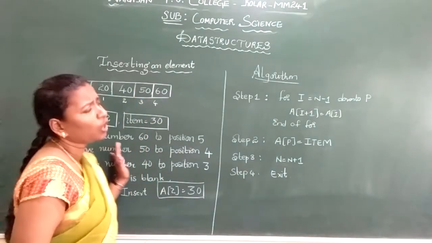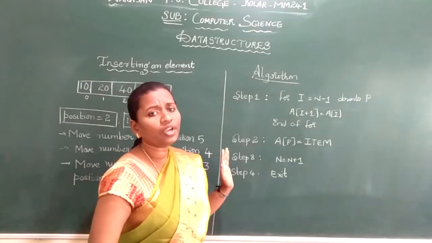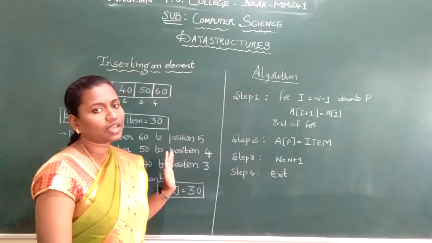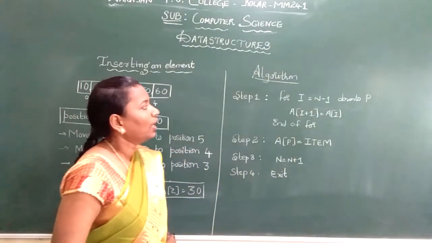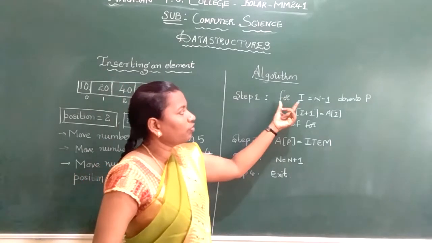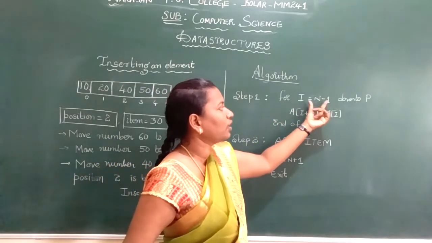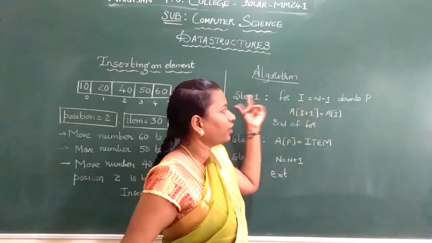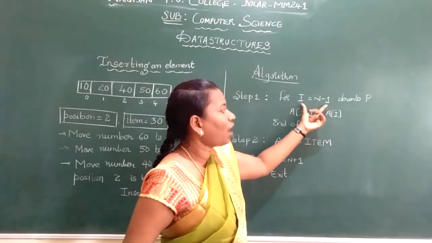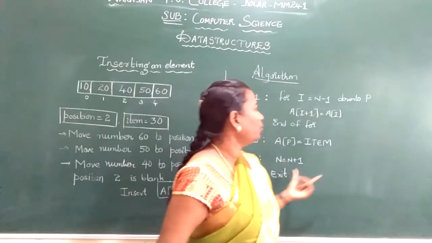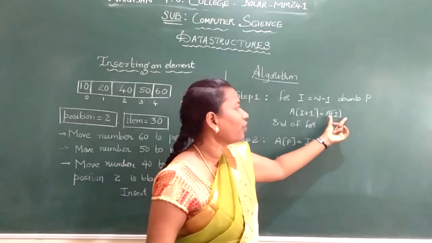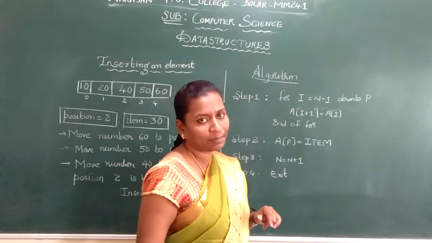I will explain while tracing the algorithm how we are going to insert the given element at the given position. Now let me see the algorithm. For I equal to n minus 1. n is nothing but 5 here, 5 minus 1 is 4. So I equal to 4 down to p. What will I do? A of I I will give to A of I plus 1.